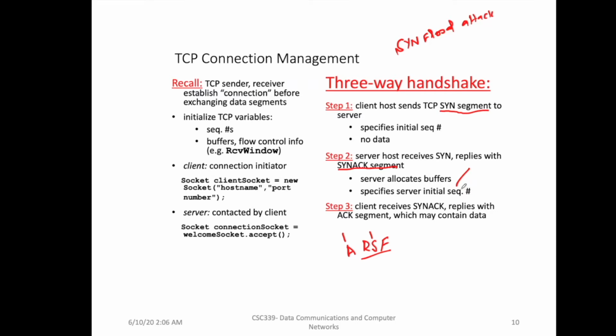This initial sequence number and this allocation of the buffer make TCP vulnerable to a denial of service attack, a DoS attack, which is also known as SYN flooding.